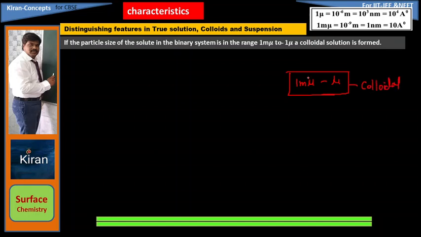If less than 1 millimicron, that is a true solution. 1 millimicron to 1 micron, that is a colloidal solution. More than 1 micron, you will get a suspension. So we are going to learn about the differences between true solution, colloidal solution and suspensions.